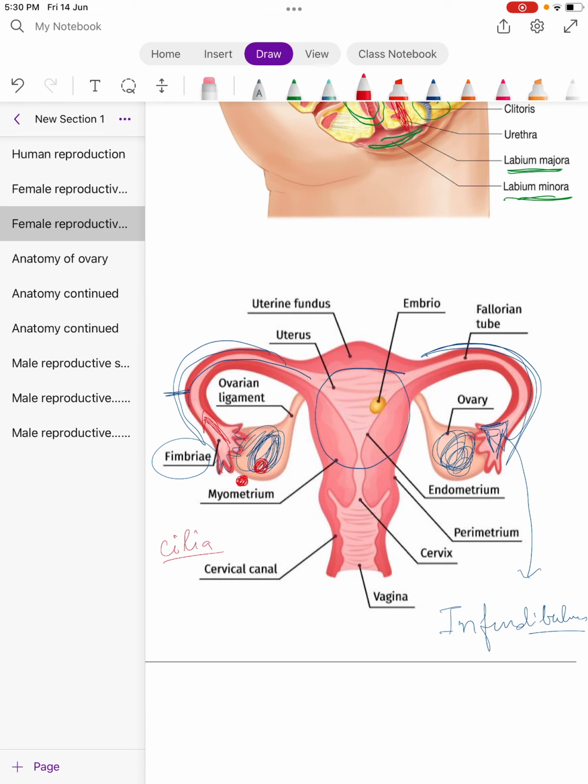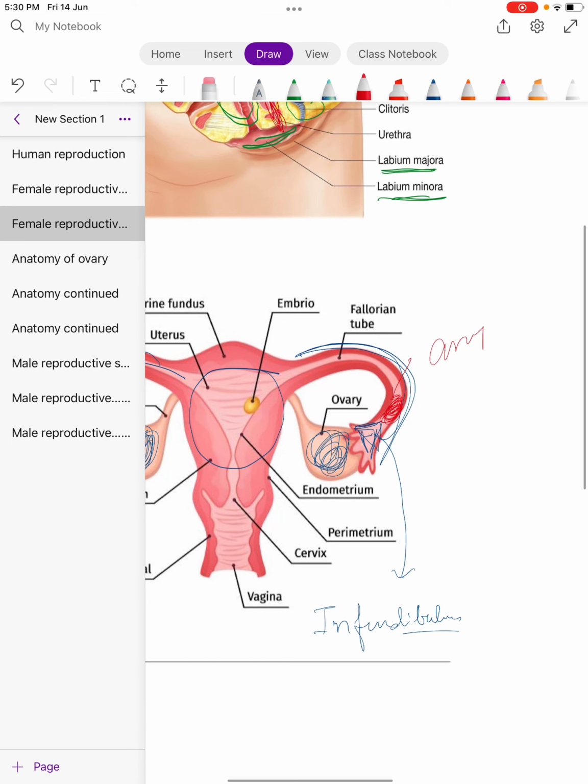Then infundibulum leads into a curved wider part called ampulla. The rest of the fallopian tube is narrow and is called isthmus. इतना पार्ट जो बाकी बचा है उसको क्या बोलते हैं, isthmus.